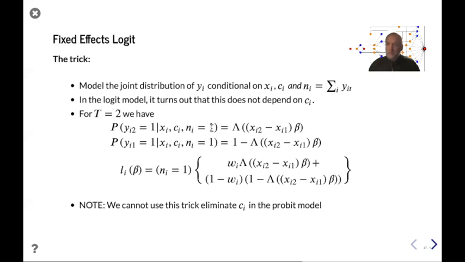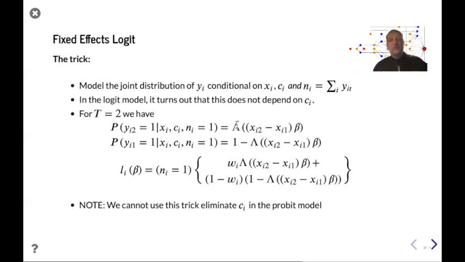There are only really 2 possible interesting outcomes here: either y equal to 1 in time period 2, or in time period 1, because n is equal to 1.